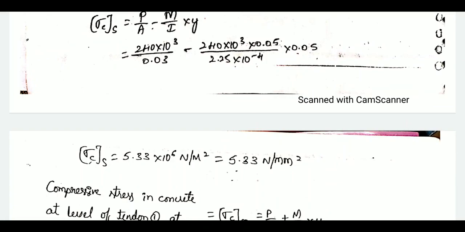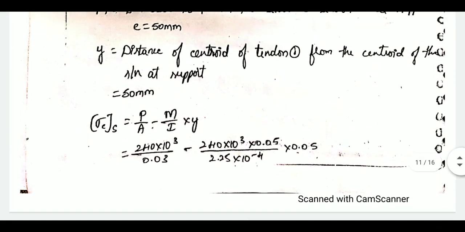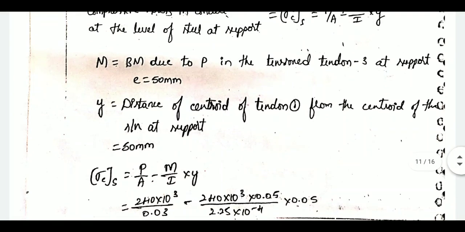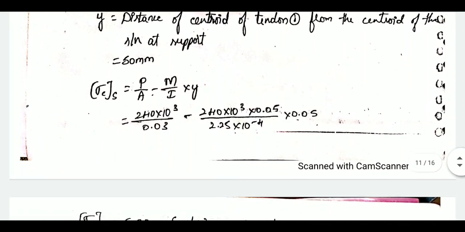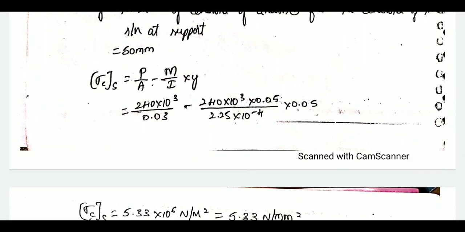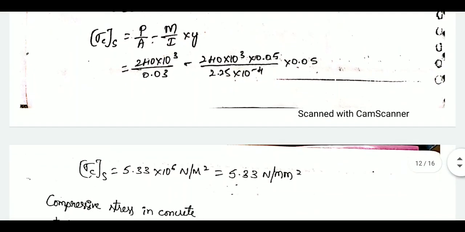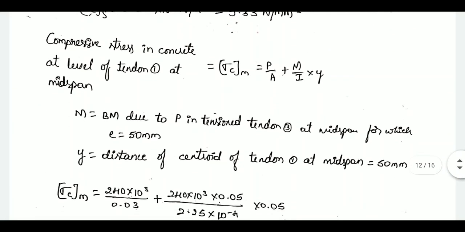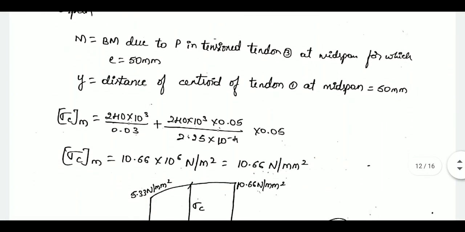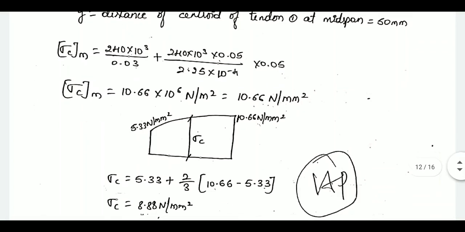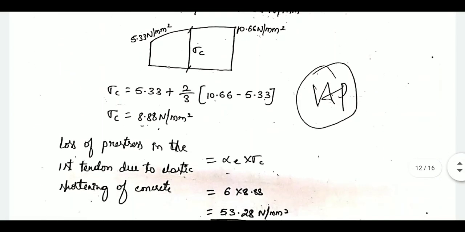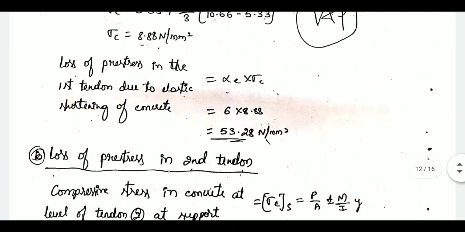And one thing you have to remember, at the support section the first tendon is above the centroidal axis, so we have to consider minus. Here it is plus because both are below the centroidal axis. So sigma C average, then modular ratio into sigma C.